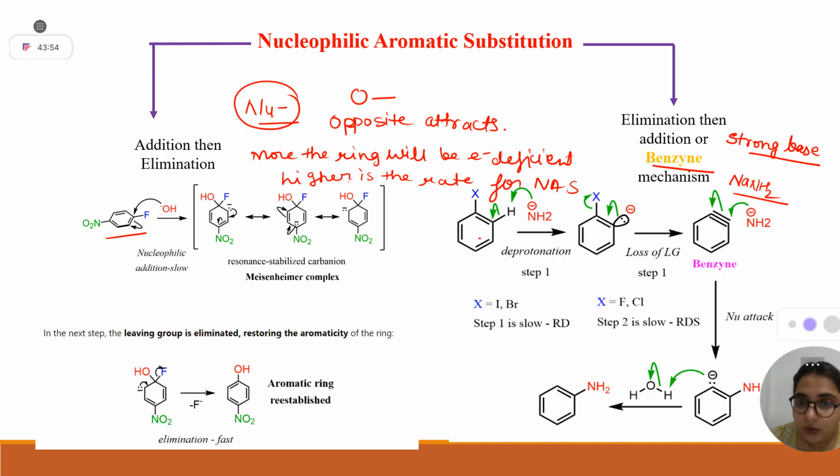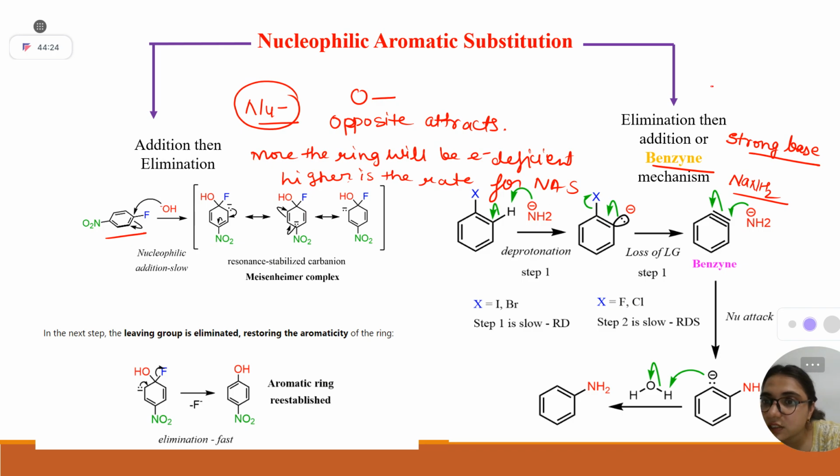Because the base may be OH minus, either NaOH or KOH, but here it is NaNH2. Benzene protons are attached to sp2 carbon, so it is not that easy to abstract this proton. In order to abstract it, you need a strong base that can abstract the proton and knock off the halogen atom.